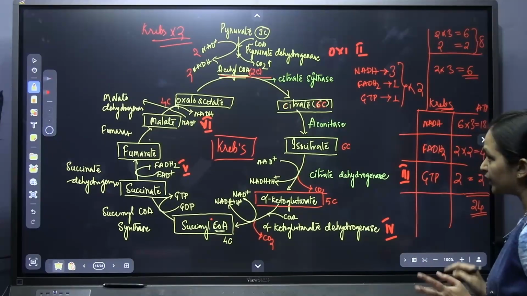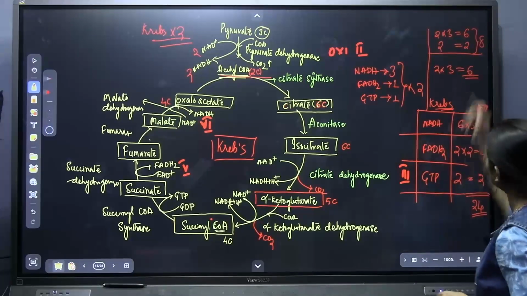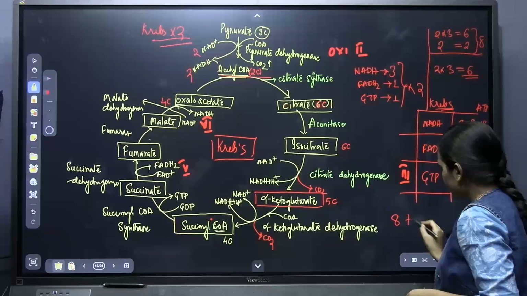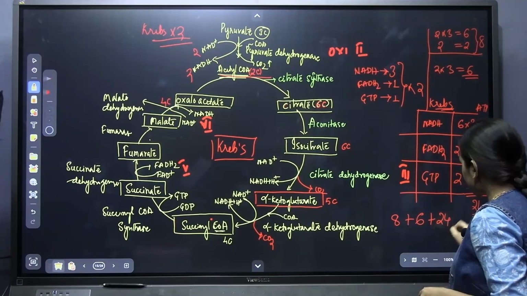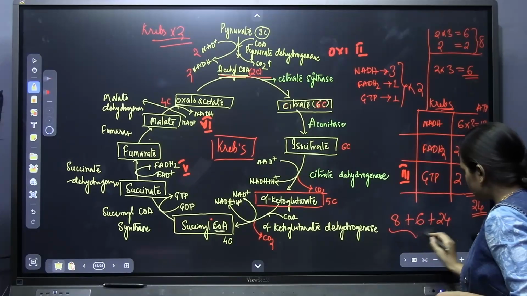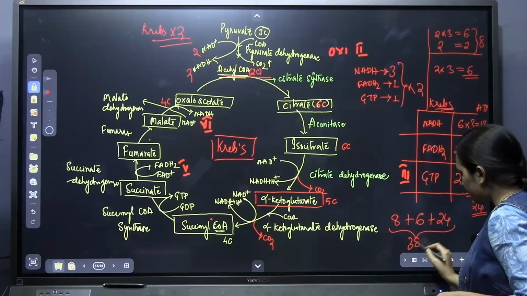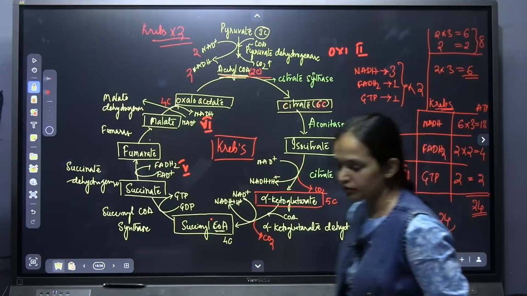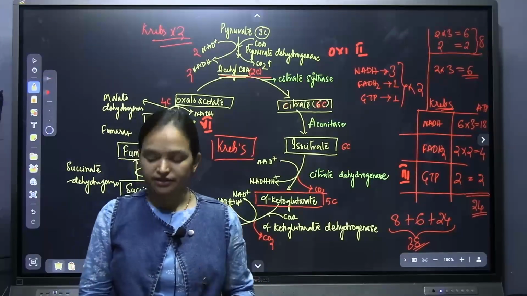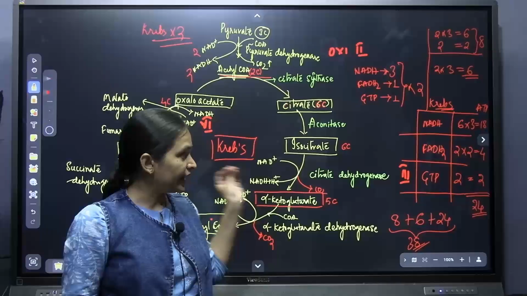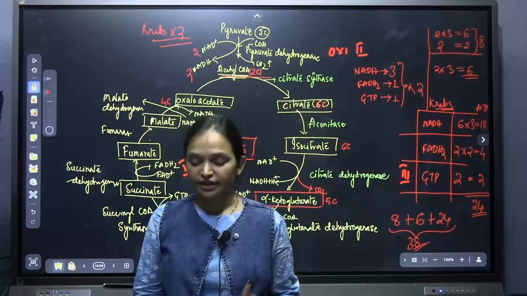So the total number of ATP is 8 in glycolysis plus 6 in the link reaction and 24 in the Krebs cycle. What is the total number? 24 plus 6 is 30, 30 plus 8, 38. We will get 38 molecules of ATP at the end of ETC. That is, in aerobic respiration we will yield 38 molecules of ATP at the end.